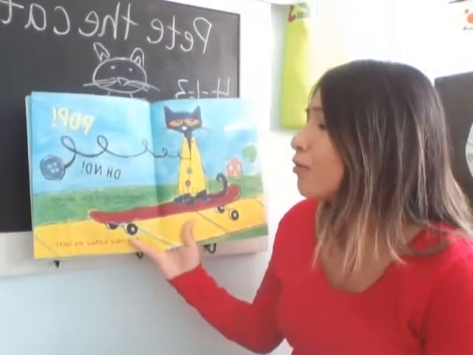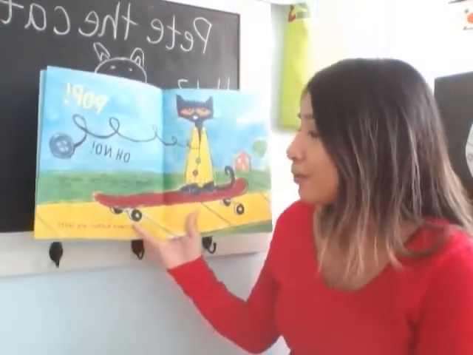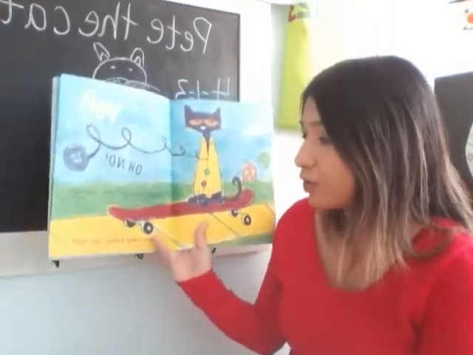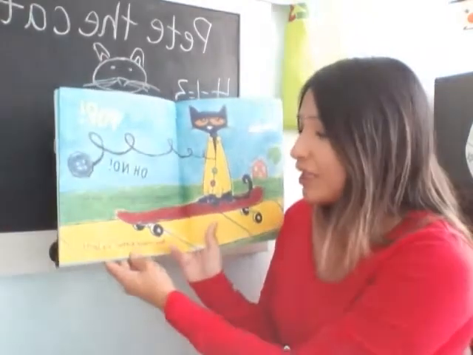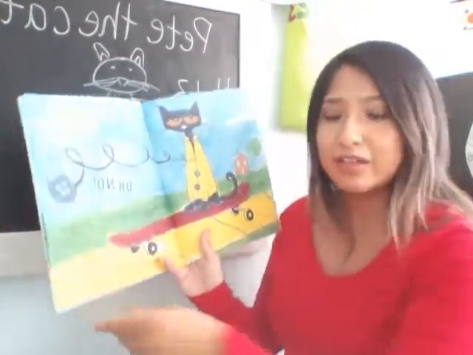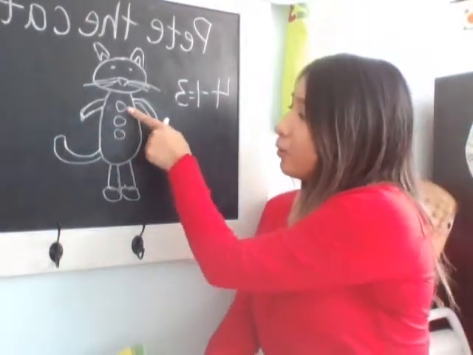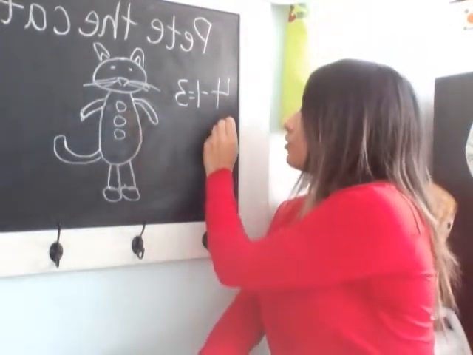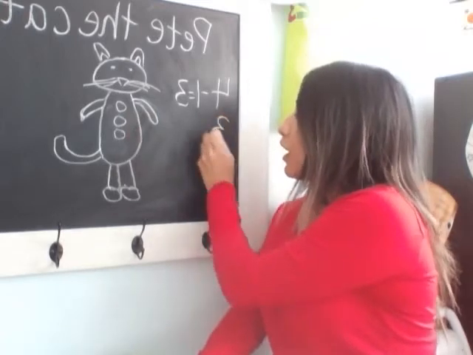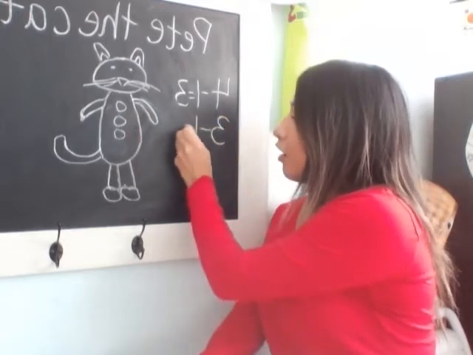Pop! Oh no! Another button popped off and rolled away. How many buttons are left? Uh-oh, we're going to have to take one more. So how many did we have? 1, 2, 3. So we had 3. And one more popped off.